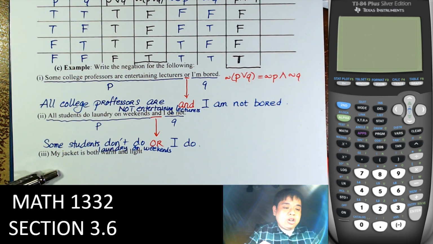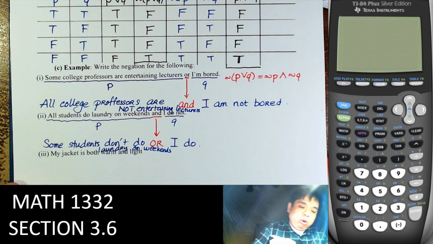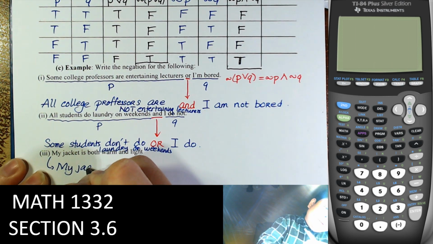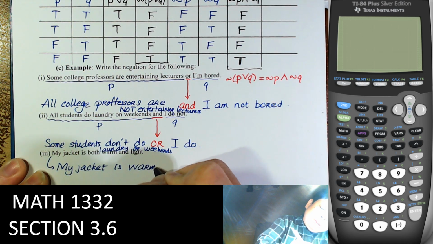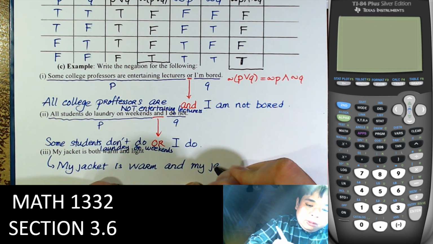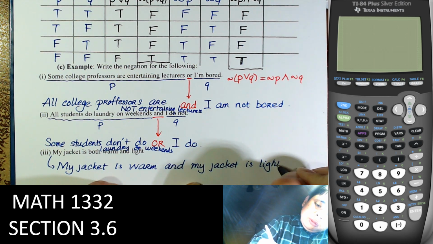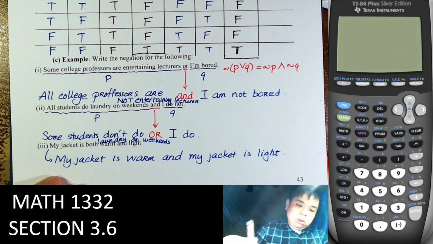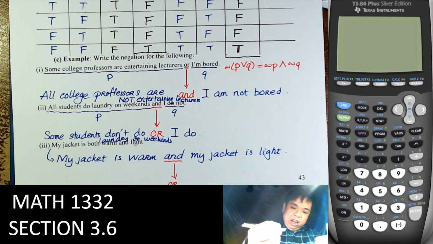Right, next, the jacket is both warm and light. Even though it's just one sentence, this can be rewritten as my jacket is warm and my jacket is light. So we turn and to or and negate both of them.